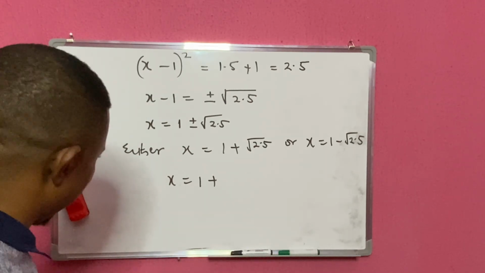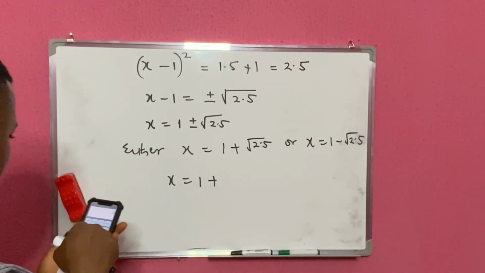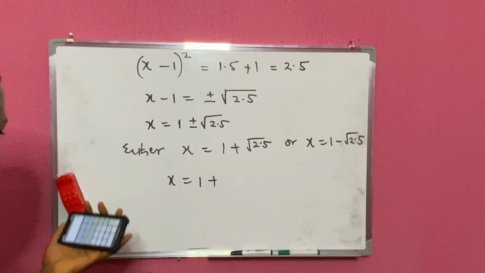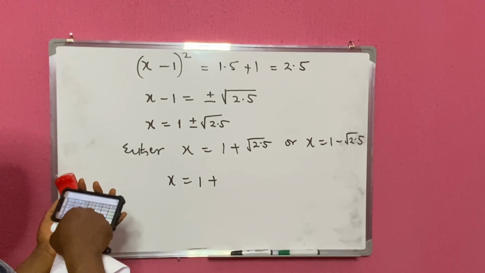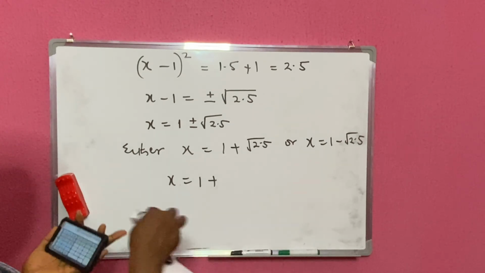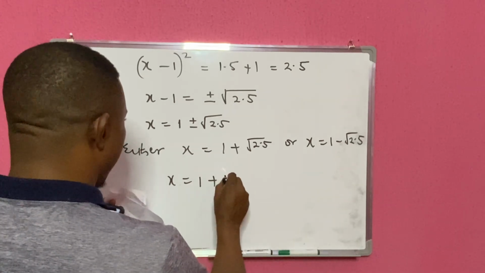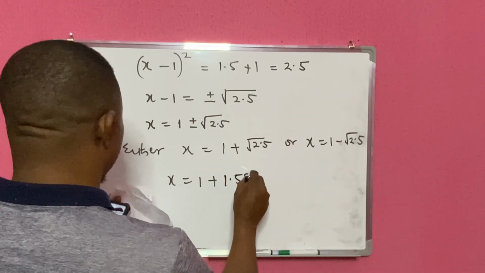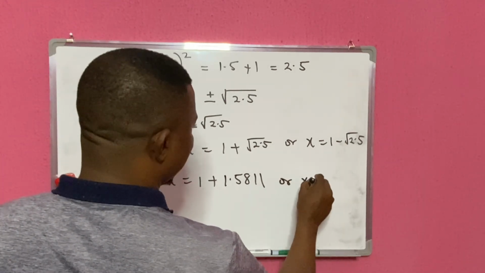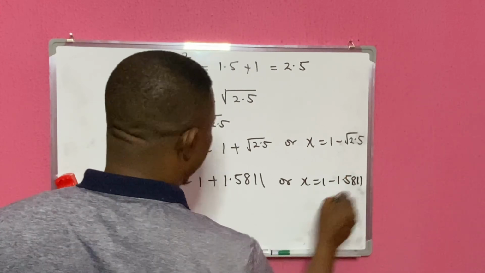You press your calculator. Root 2.5 will give us 1.5811, or x is equal to 1 minus 1.5811.